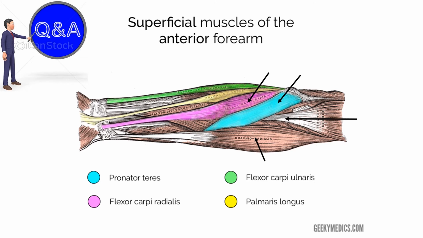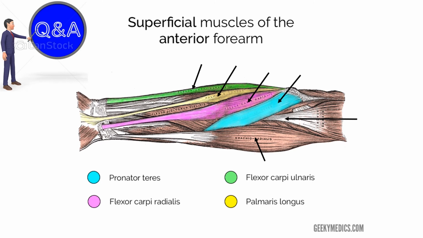Next to it, a muscle that goes from medial to lateral, and it is the flexor carpi radialis. Then we have this yellow muscle medial to the flexor carpi radialis. It is called palmaris longus.